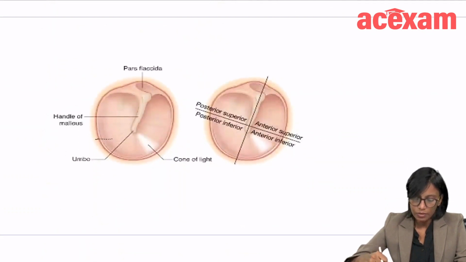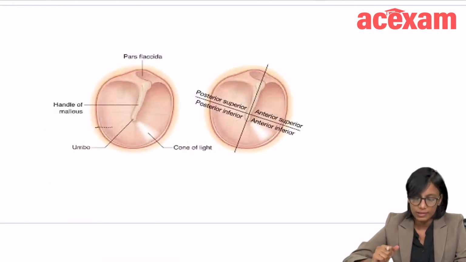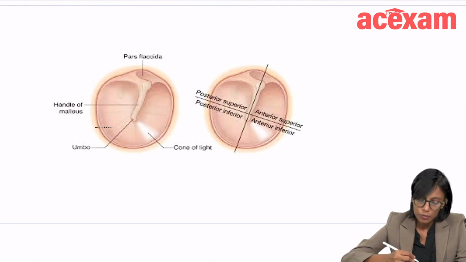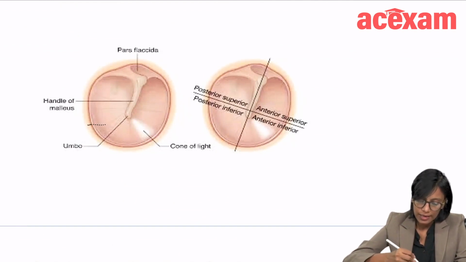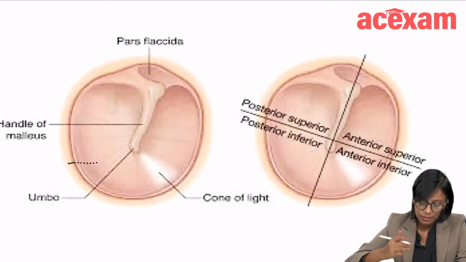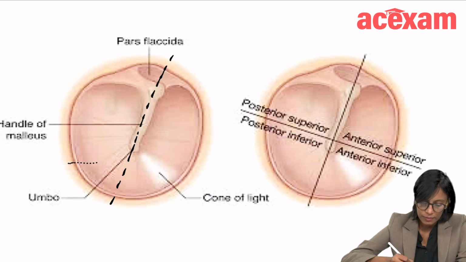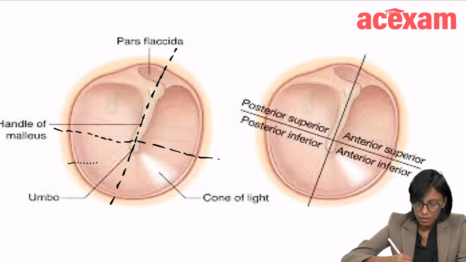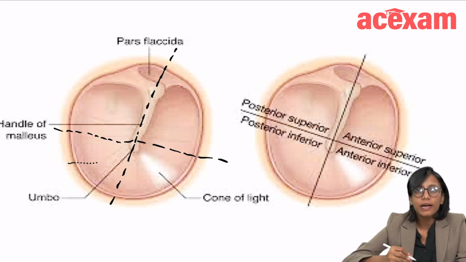So let's come to the quadrants. We can see here, this is the handle of malleus. If we draw a line passing along the handle of malleus, and then a line bisecting it through the umbo, now we can divide the tympanic membrane into 4 parts.